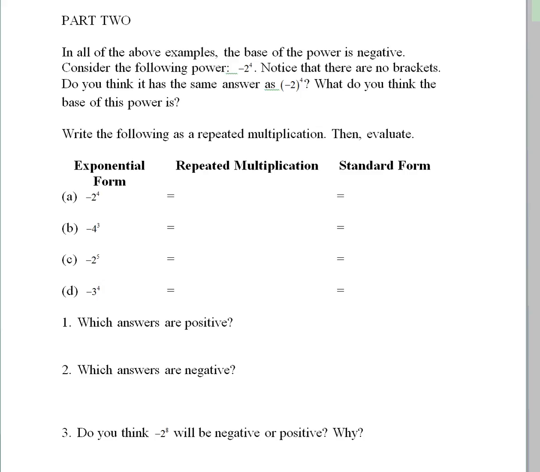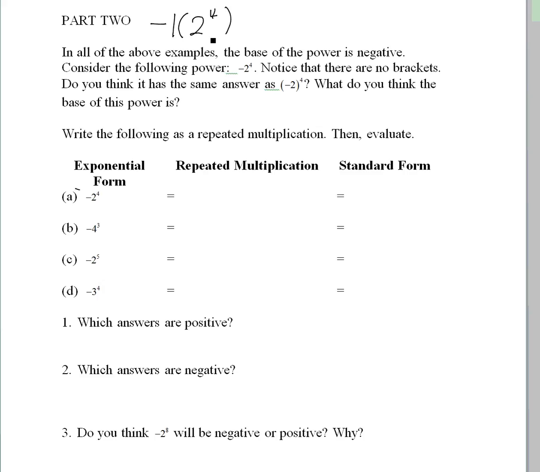In -2 to the 4 with brackets, as we saw in part 1, that meant -2 times -2 times -2 times -2, and our answer would have been positive 16. But -2 to the 4 without brackets actually means negative times 2 to the 4, or -1 times 2 to the 4.